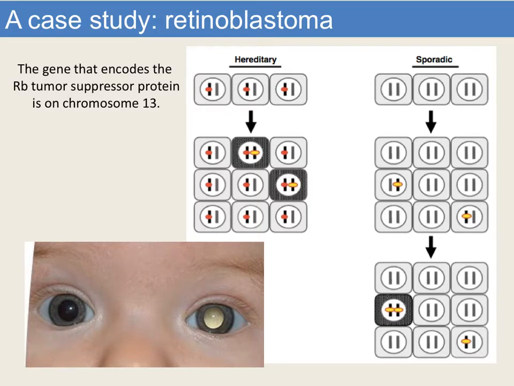Now, one example of a heritable cancer is called retinoblastoma. Occasionally you get sporadic retinoblastoma. So you end up with, let's say, a mutation happening.